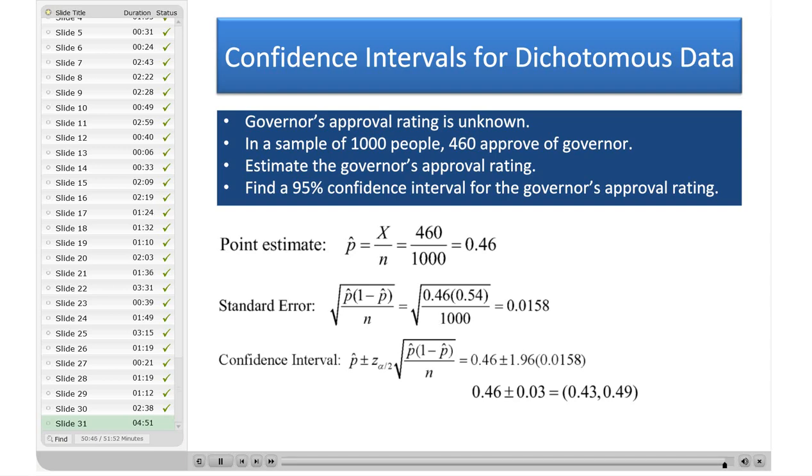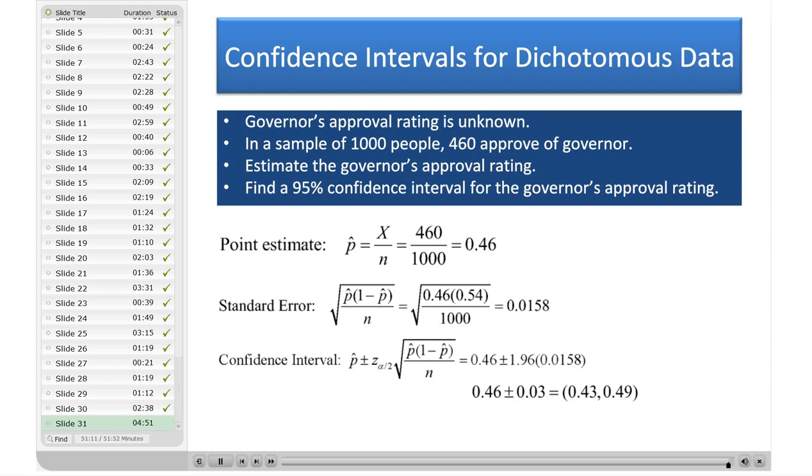So the confidence interval is just going to be p hat plus or minus z sub alpha over 2 times that standard error that we just calculated. So we're going to get 0.46 plus or minus 1.96 times 0.0158. We're going to do that multiplication. We get about 0.03. So that means our point estimate for the governor's approval rating is 46%, and we've got a margin of error of about 3 percentage points.